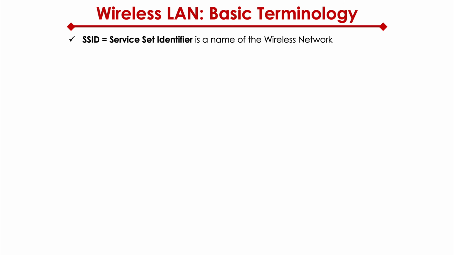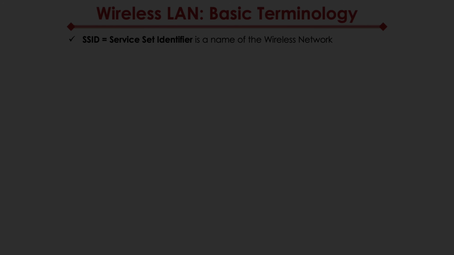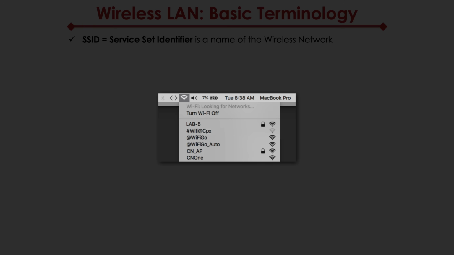SSID in the wireless network stands for Service Set Identifier. That's the name we connect to. So for example, if you fire up your wireless card on your laptop or your phone or your iPad for the first time, I'm sure you've noticed that you'll see a collection of different wireless devices that you can connect to.